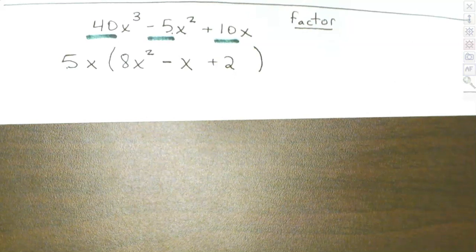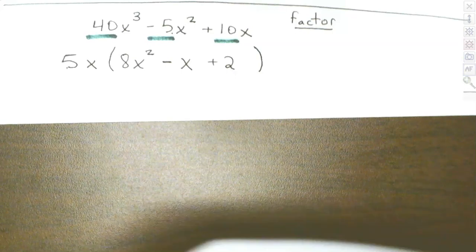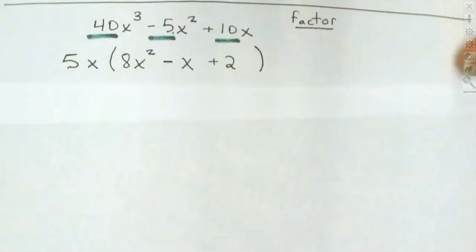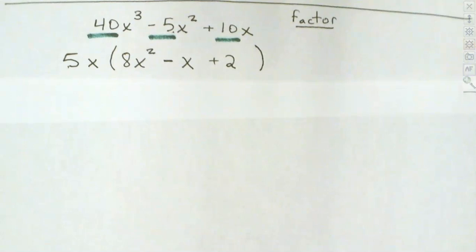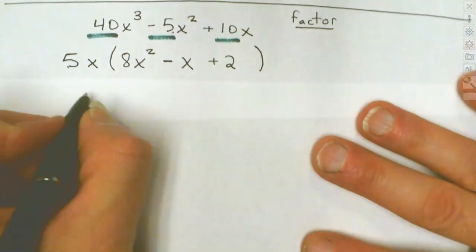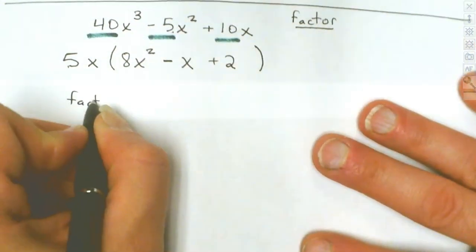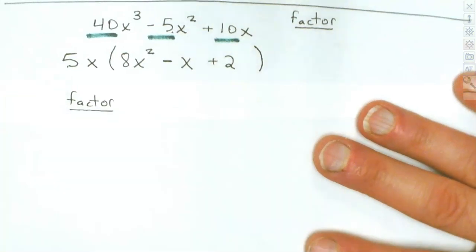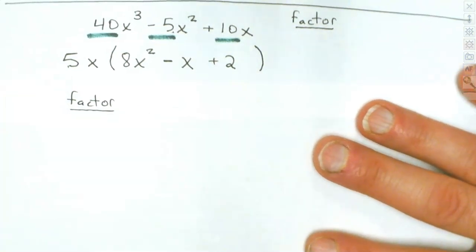Again, we're just going to slowly increase the difficulty until we're comfortable with factoring out the greatest common factor. A lot of times the directions will just say factor. So let's make this one a little bit more difficult.